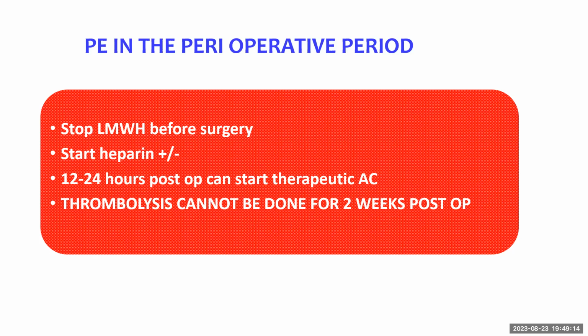Heparin's half-life is 6 hours after you stop it, so you can have a fast switch off with heparin, and 12 to 24 hours post-op you can start therapeutic anticoagulation. Thrombolysis cannot be done for 2 weeks post-op. So that is about PE in the perioperative period, because surgical patients are prone to developing thromboembolism.